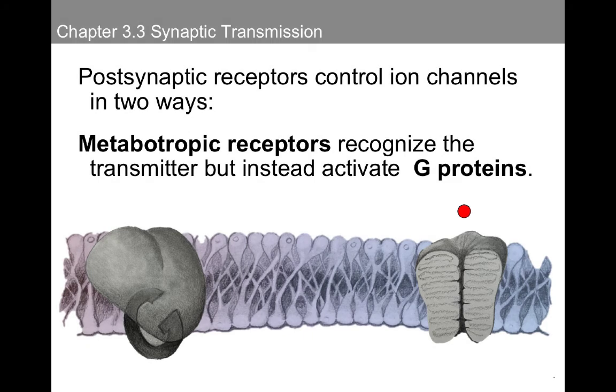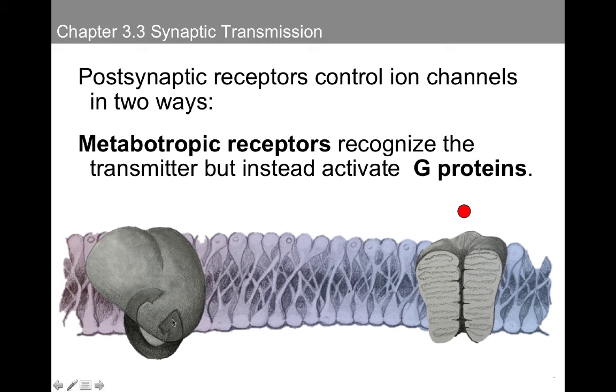So now that we've talked about how the ionotropic receptor works, we're going to talk about the metabotropic receptor. The metabotropic receptor is much slower. A metabotropic receptor recognizes the transmitter, but instead of opening its own channel, it activates a G protein. And this is the G protein down here.